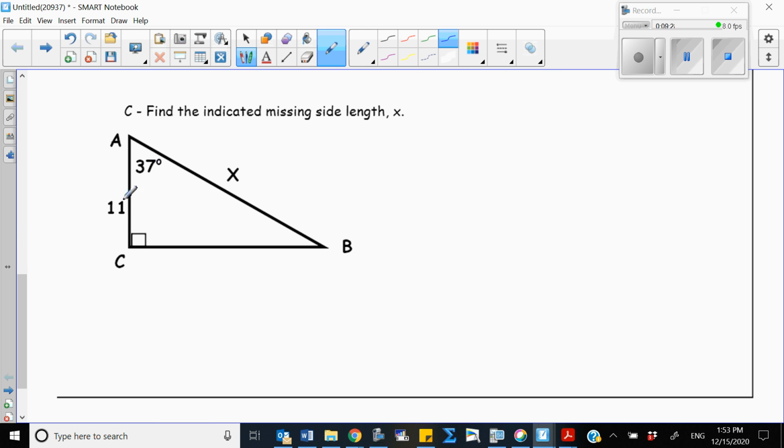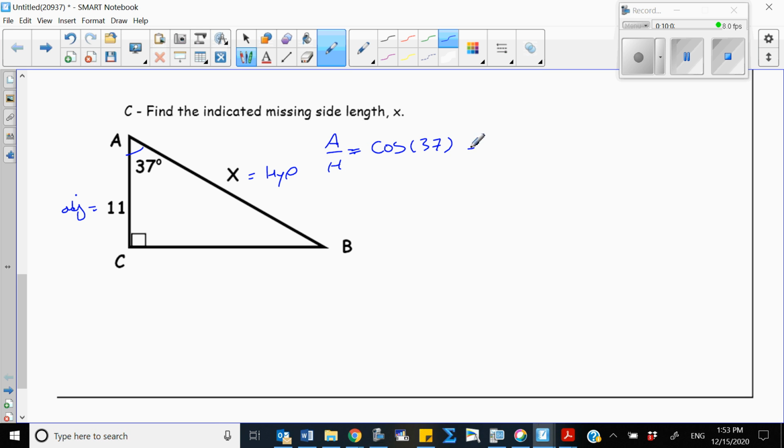I have one side and this angle, and I'm looking for this one. Okay. Considering this angle, 11 is the adjacent side, and x, which I am looking for, is the hypotenuse. Adjacent and hypotenuse can give me cosine. So I'm going to write cosine of 37 will be, we know that cosine is adjacent over hypotenuse.